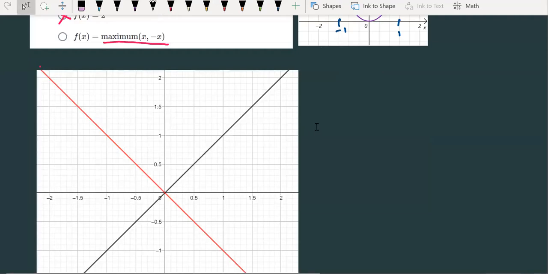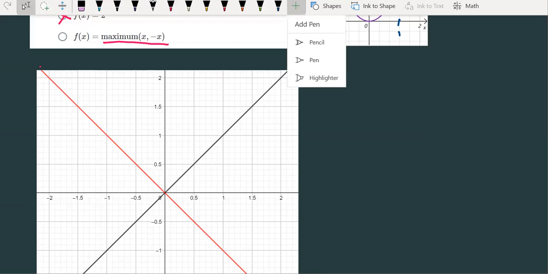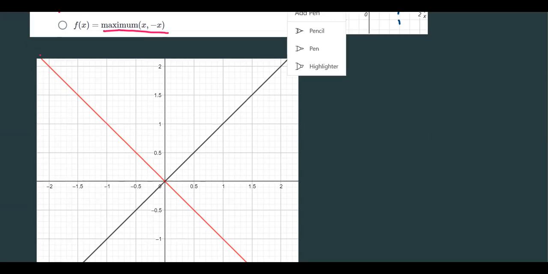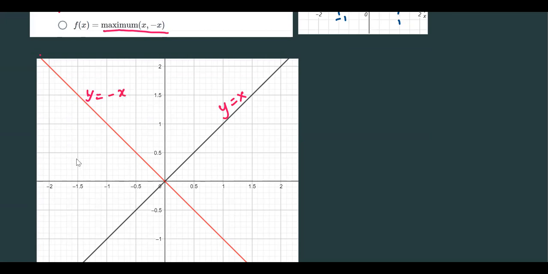These two lines we know. These are basic lines that we can plot. So this is the line y equal to x, and this is the line y equal to minus x. The question is maximum of x and minus x.